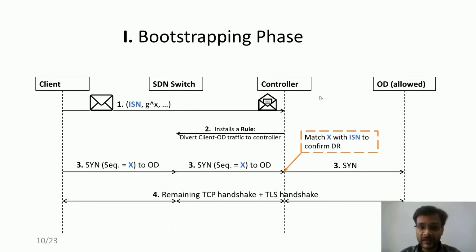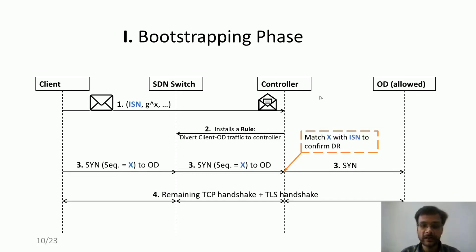As soon as the controller receives this email, it installs a rule in the SDN switch telling it to divert all the client and OD traffic, that is, source client and destination OD, to itself, so that it can analyze that traffic. The client would initiate a normal TCP connection with the actual intended destination, that is the OD, and it will set the sequence number in the initial SYN packet to the one it sent in the previous email.